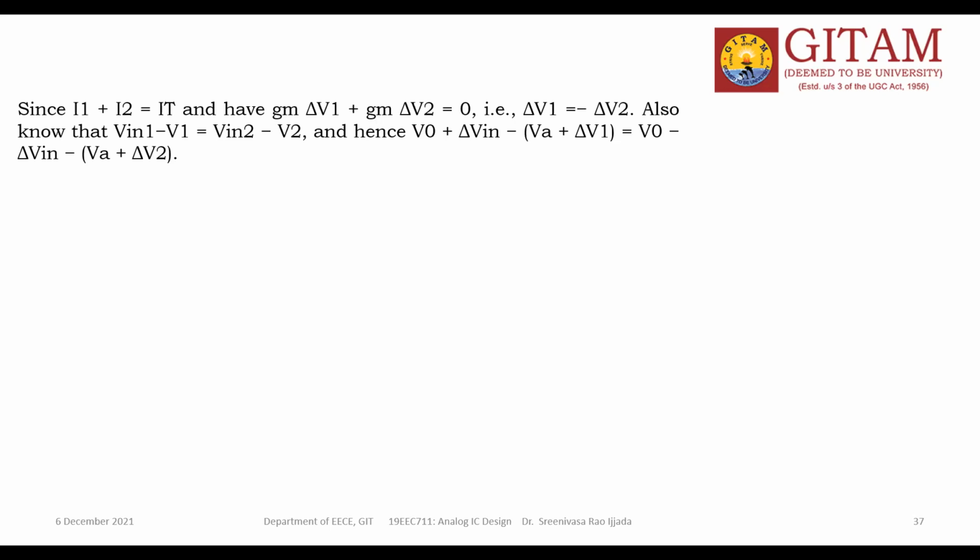Again, if you assume that delta V1 and delta V2 are the same but opposite, then VIN1 minus V1 is equal to VIN2 minus V2. Am I correct? So hence V0, as in the earlier condition, V0 plus delta V1.